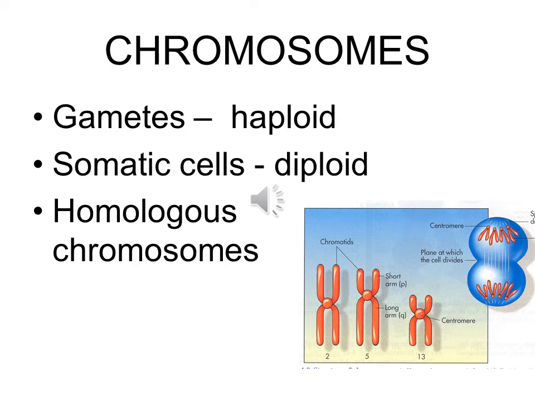Homologous chromosomes are the two members of each pair. Homologous chromosomes are typically nearly identical in appearance, but they contain genetic material for the same traits. The members of a homologous pair are called chromatids, and you get one chromatid or chromosome of a homologous pair from each parent. So, for example, in chromosome pair number 5, one of those chromosomes came from your mother, the other one came from your father.